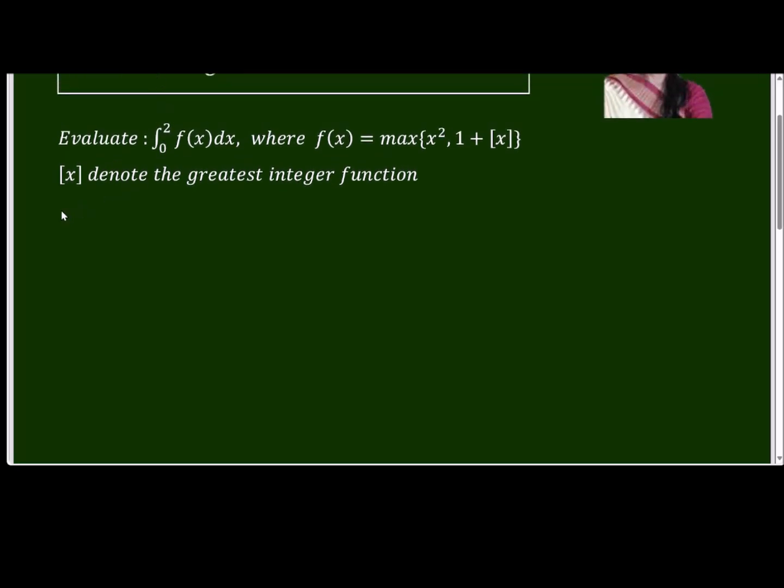So let us write this greatest integer function. The question is, what is f of x? f of x is the maximum of, we have to choose between x square and 1 plus the greatest integer function. And what is the greatest integer function?